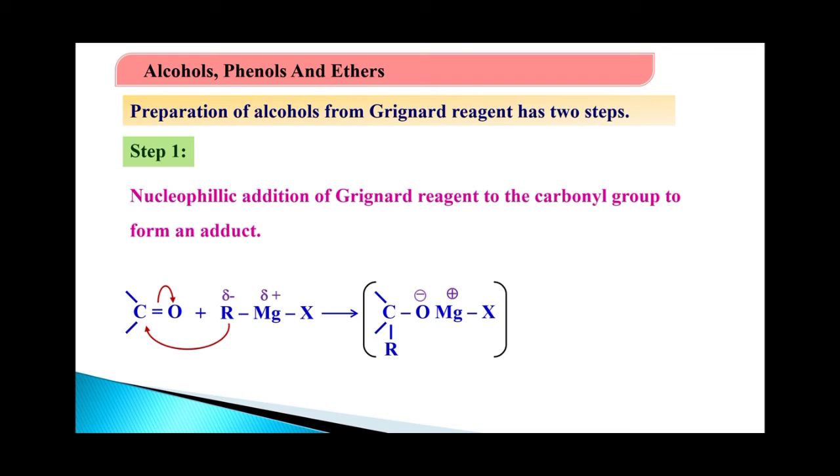R, that is the alkyl group, will attach to the carbonyl carbon because it is partially negatively charged, whereas MgX is positively charged. Once the R is attached to the carbonyl carbon, the lone pair of electrons of the C double bond O shifts towards the oxygen, and it will attack the positive part of the Grignard's reagent, that is Mg, forming O minus MgX plus.